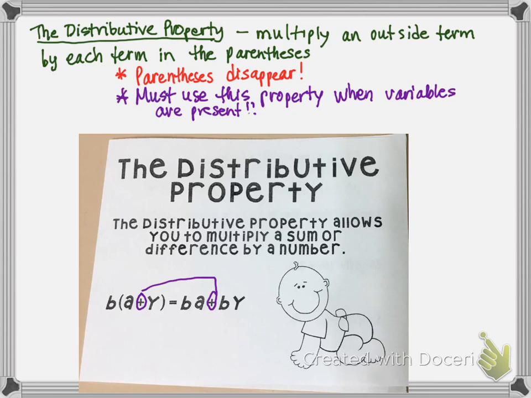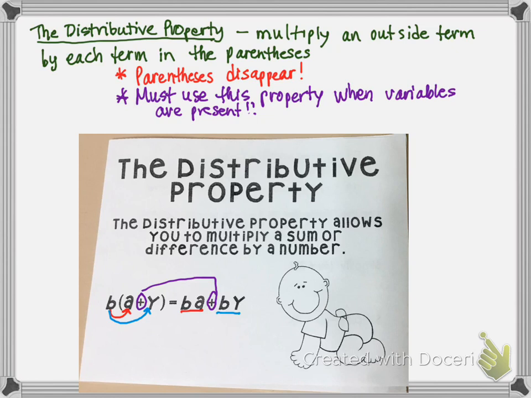So what the distributive property allows me to do is multiply the b times a, and that gives me ba, because remember, when we have two variables being multiplied, or a number and a variable being multiplied, they just butt up next to each other, and you do not see a multiplication symbol. But I'm also going to multiply b times y, and that gives me the by.